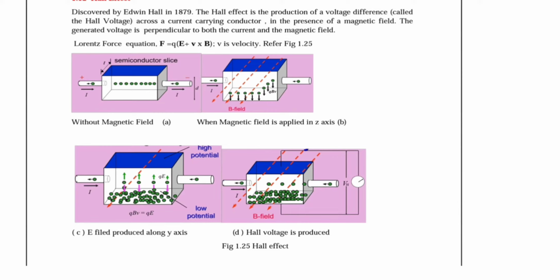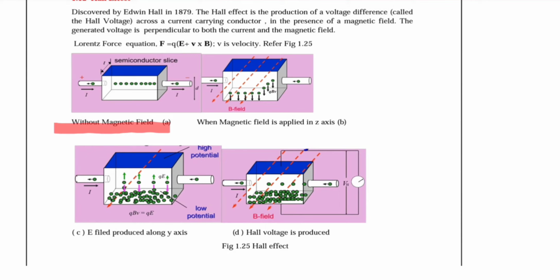You can see in the first figure, a semiconductor material without a magnetic field. In this case we are showing electrons. Electrons are flowing from the right side to the left side, so the current movement will be opposite to the flow of electrons. It is shown by the direction of I, and thickness t, width, everything is shown.